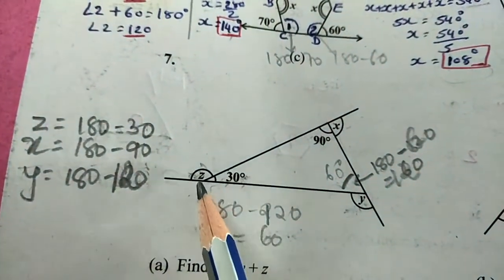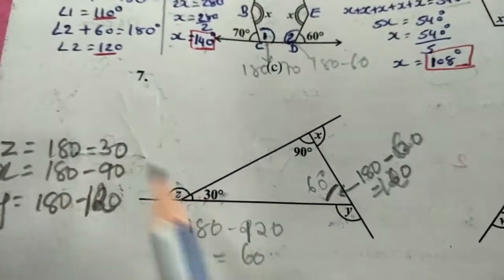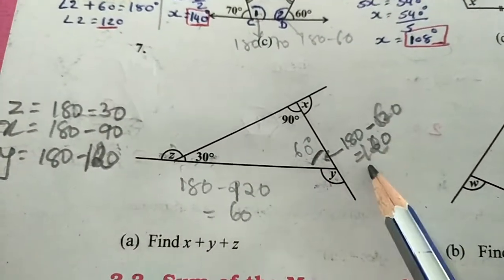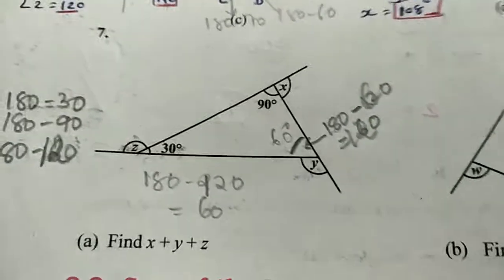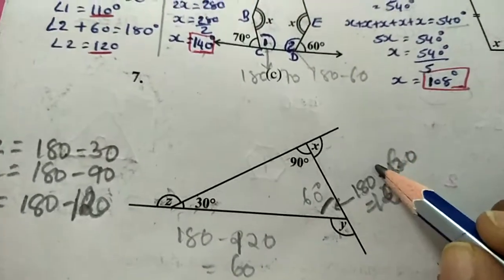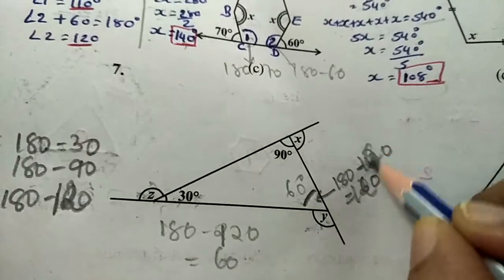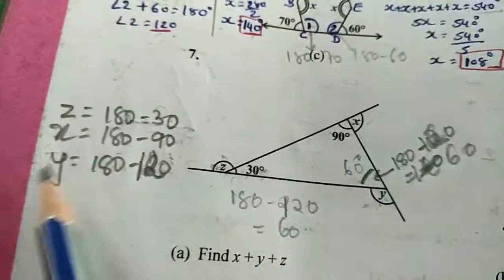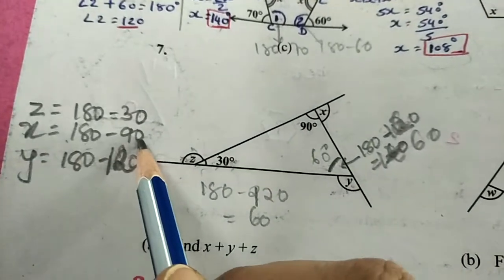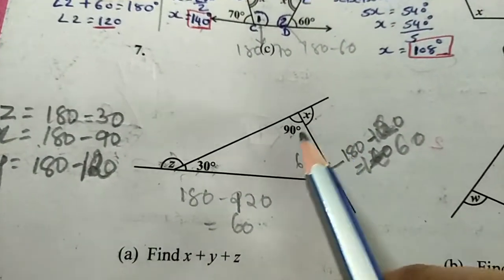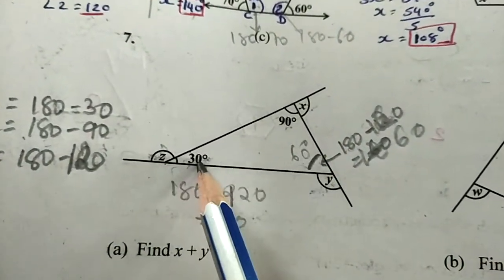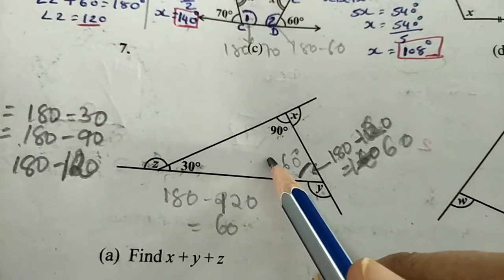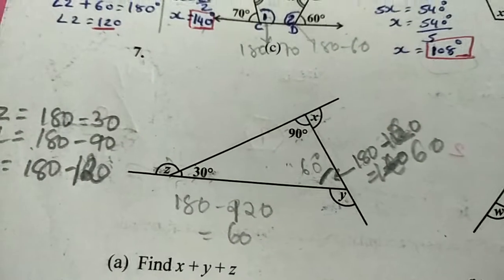So again I am repeating, z is equal to 180 minus 30, y is equal to 180 minus 60, which is equal to 120, and x is equal to 180 minus 90.